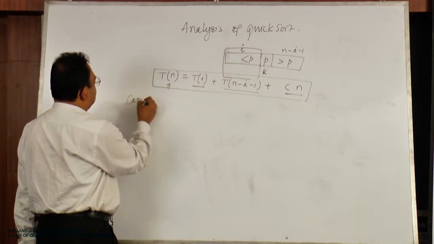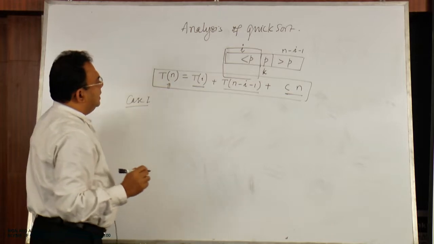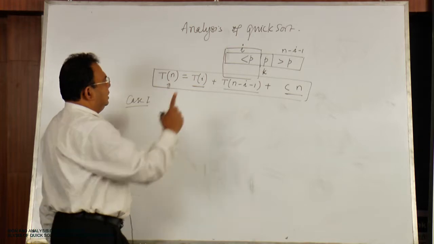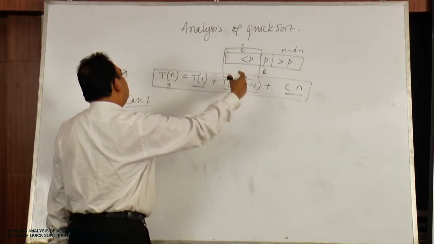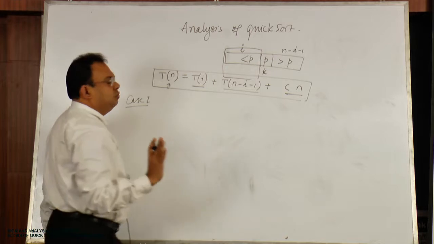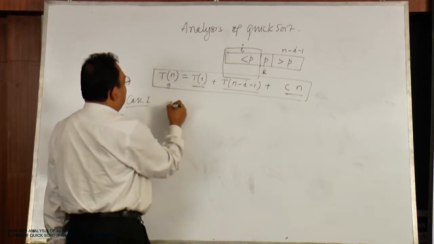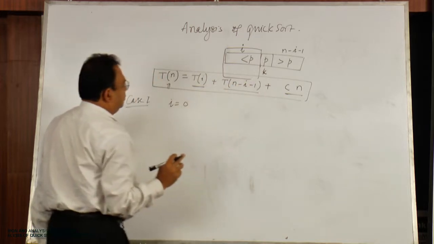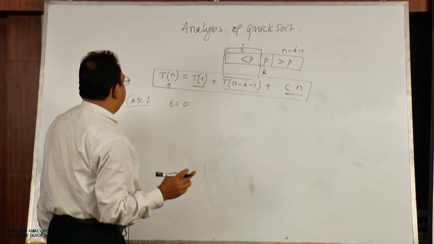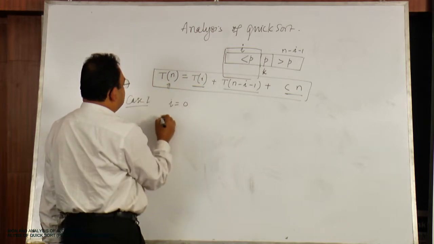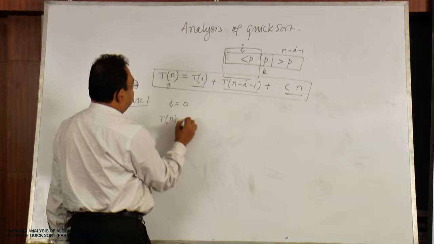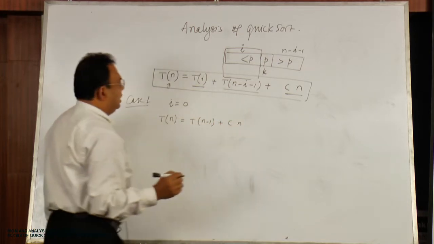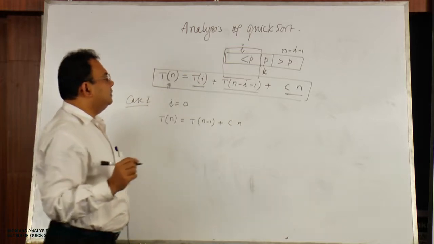Let us consider case 1, where the pivot element is such that every time all elements will be in one part and the other part will not contain any element, that is either i is equal to 0 or n minus i minus 1 is equal to 0. So, if i is equal to 0, then this recurrence can be written as T(n minus 1) plus cn. So, when will this occur?